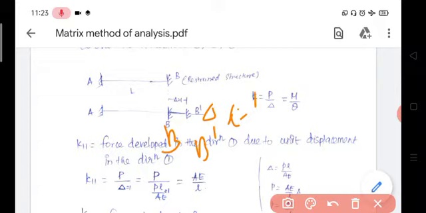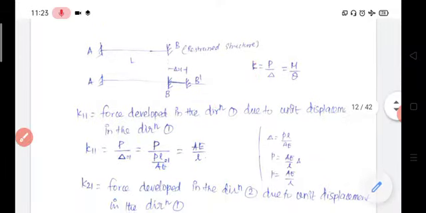In this case the beam is subjected to axial displacement only. This axial displacement is induced because of axial force only. No shear force or bending can produce any axial displacement, so only axial force is induced.